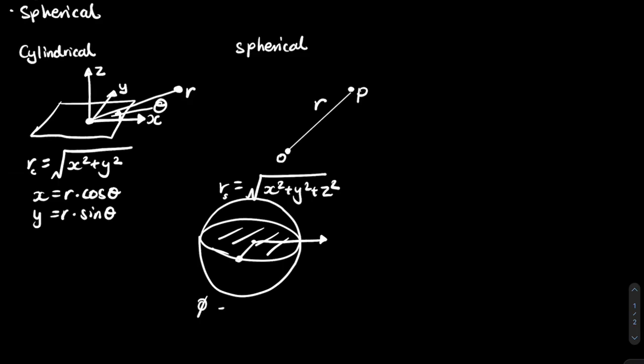So phi obviously goes between 0 and 2 pi. Should have probably mentioned earlier, theta here goes between 0 and 2 pi. And theta is the other angle, which is the latitude angle, and that basically describes how far from the North Pole you are.